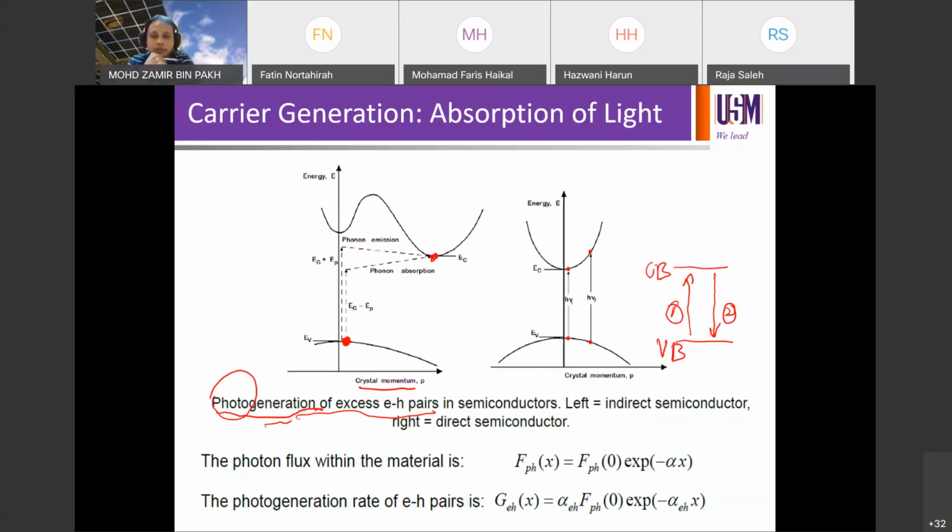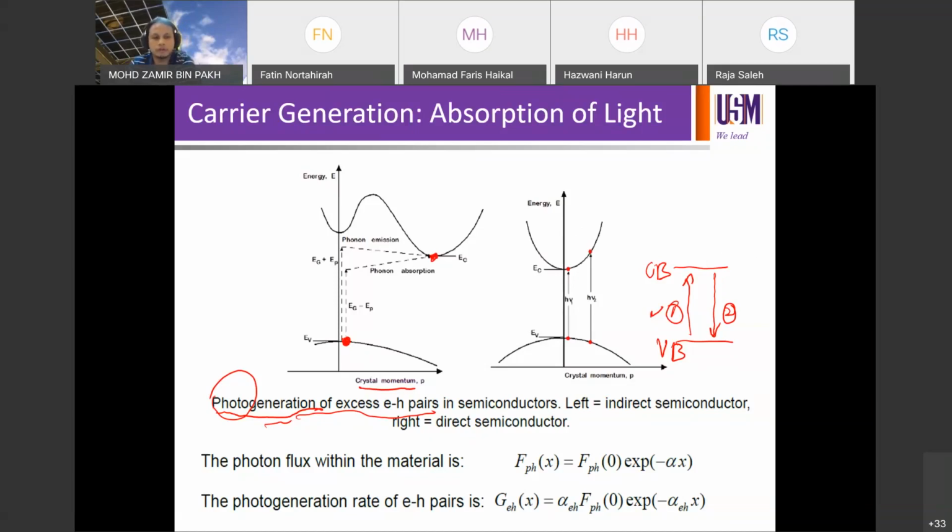Right now we're talking about transition number 1 on the left, where the valence electron is excited into the conduction band by the incoming photons or by the light.